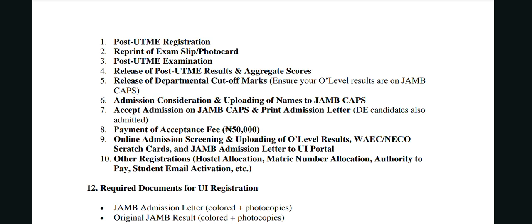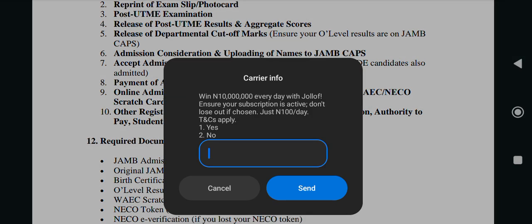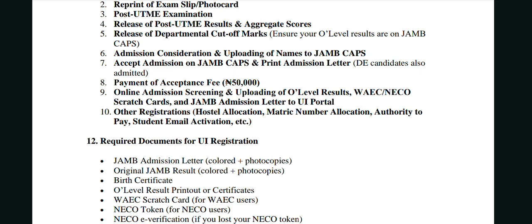At this point, number 5, you must be sure that your O-level result has been uploaded to JAMB CAPS. Number 6, admission consideration and uploading of names to JAMB CAPS. That's after the release of departmental cutoff marks. On this number 6 as well, that's where course transfer comes in. I've explained the process above. And number 7, you accept admission in JAMB CAPS and you print your admission letter.